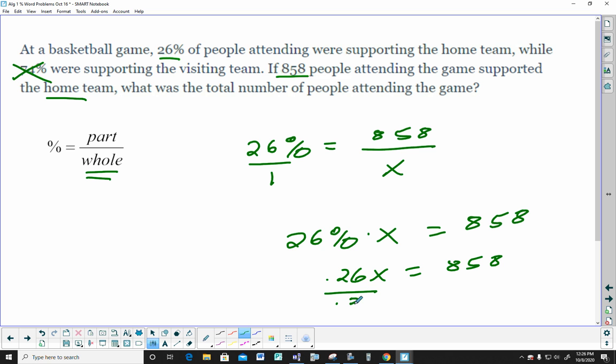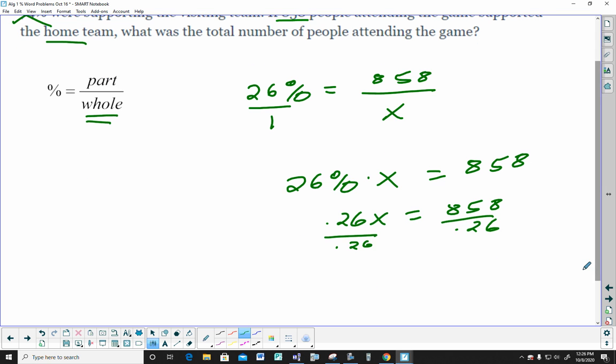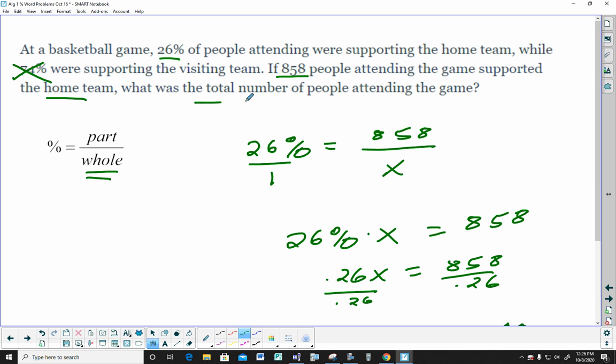Then I divide by 0.26. Again, the paper is telling you what to do. 858 divided by 0.26. So you get x is equal to 3,300. I thought there was a number after it, besides zeros. What is the total number of people attending the game?